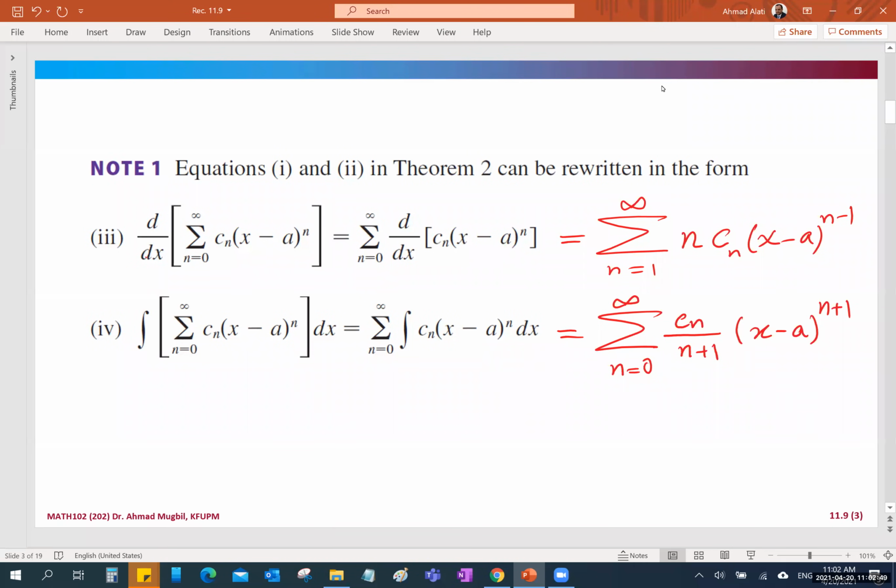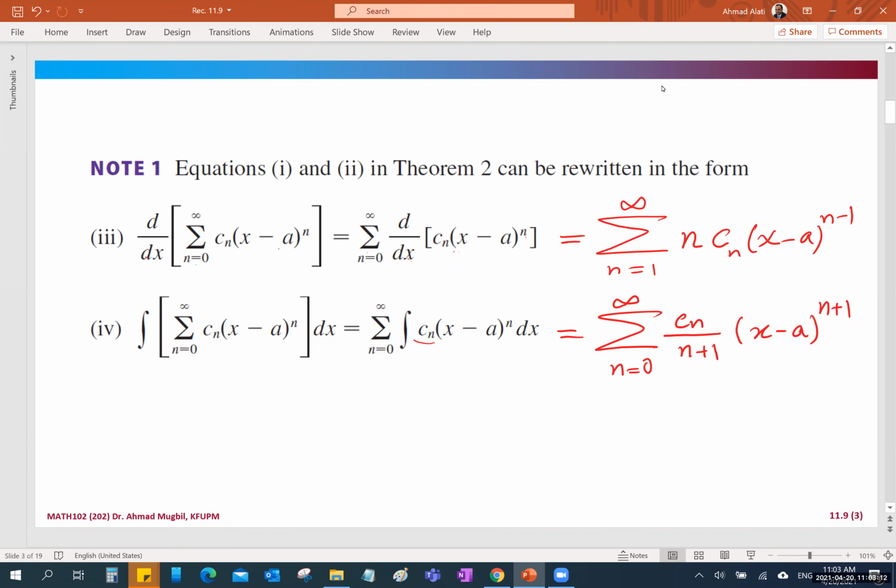So when you differentiate a power series, it is just the power series of the derivative, which you know how to differentiate. The Cn is a constant because you are differentiating with respect to x. So it will be n multiplied by Cn, x to the power n minus 1. Similarly, when you integrate the power series, it will be the power series of the integral. You will integrate term by term.